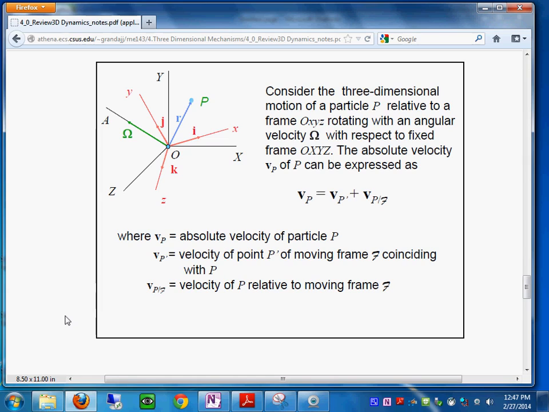All we're saying here is the velocity of any point is the velocity of another point plus the relative velocity between those two.